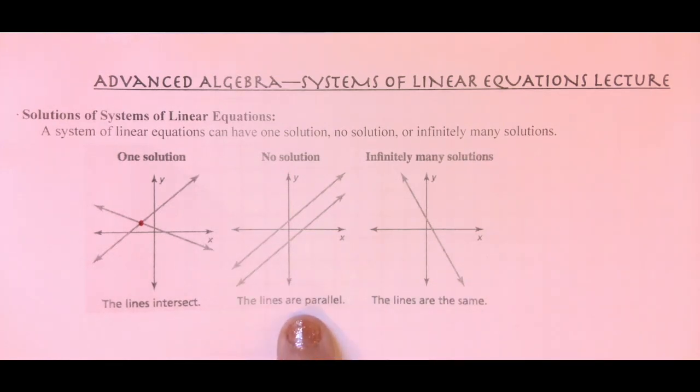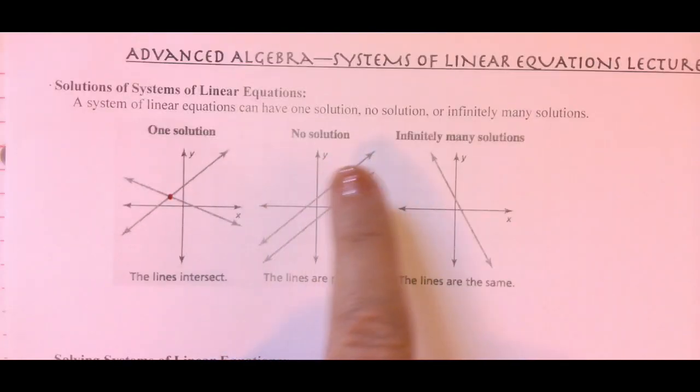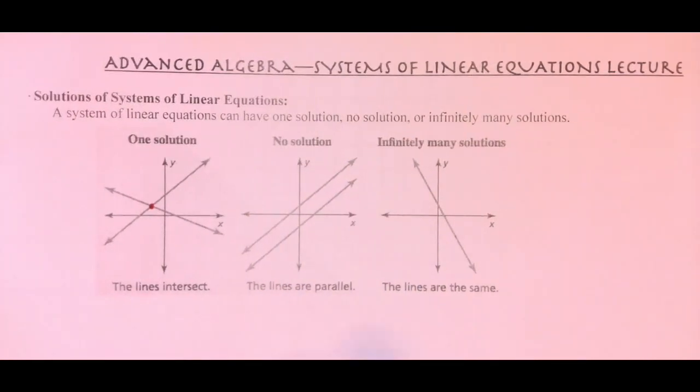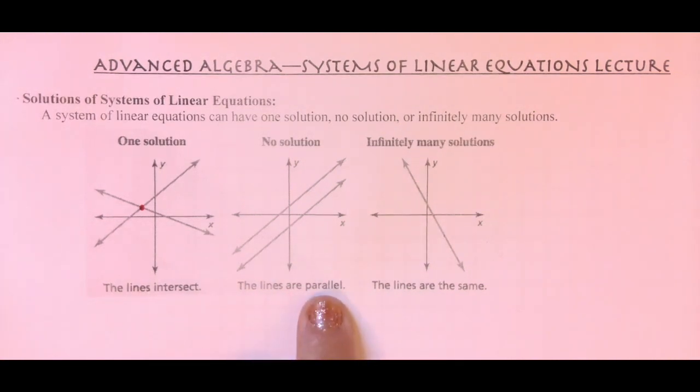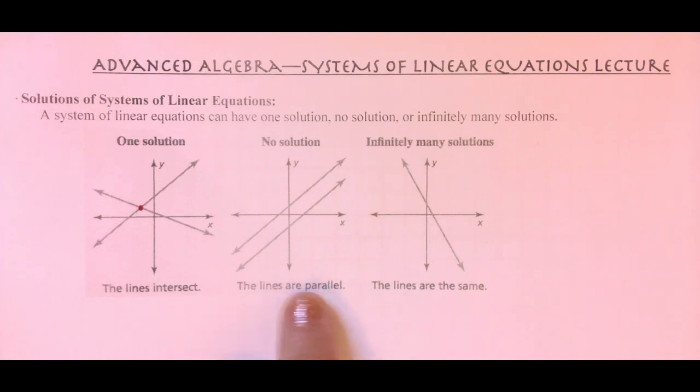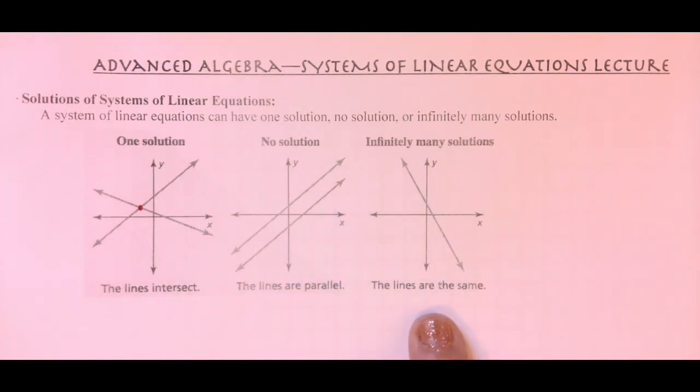Over here in the second one, we have no solutions. There's no points on this line here that will also show up on this line. Since we have no solutions, that happens because our lines present as parallel, and parallel lines never intersect. Our last option is we could have infinitely many solutions.